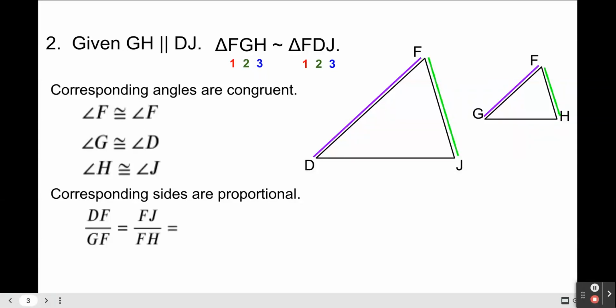And that's going to equal the ratio of FJ to FH. So again, using that similarity statement, FJ 1, 3, FH also the 1, 3. And then finally, because we have three sides, we have DJ corresponds to GH. Those corresponding sides are going to be proportional.